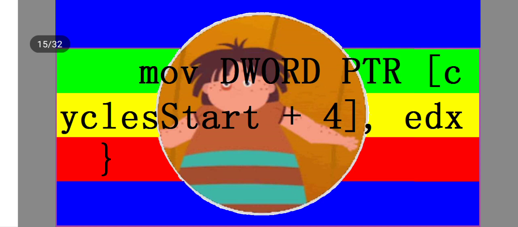MOV dword ptr cycles start +4, comma, EDX, curly bracket.